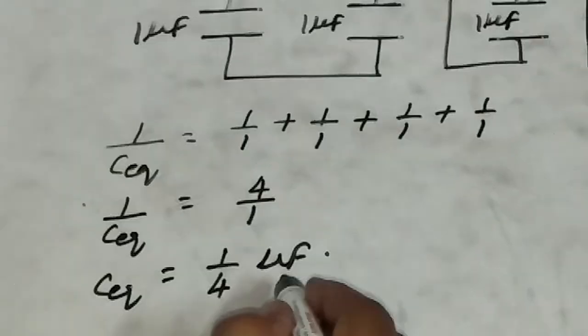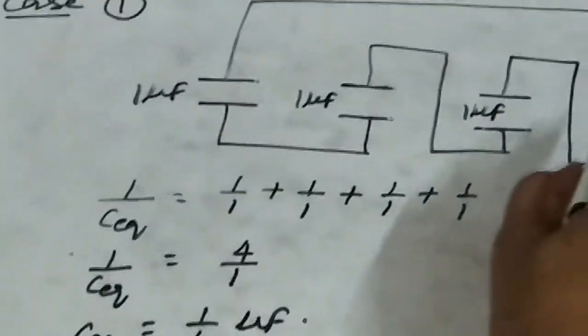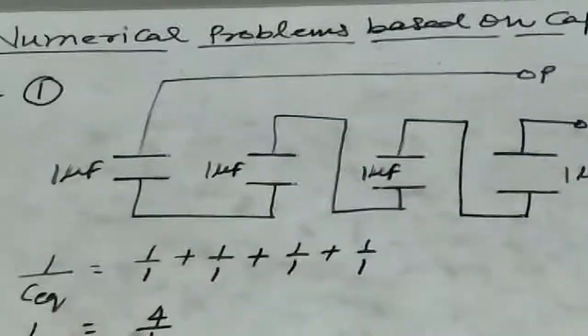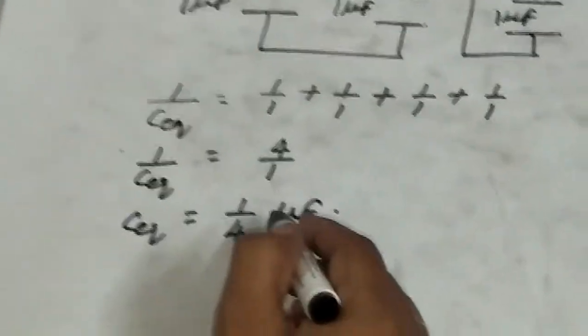Or you can say if all these capacitors are joined in series like this one across P and Q, then their equivalent is given by 1 upon C equivalent equals 1 by 1 plus 1 by 1 plus 1 by 1. Simply 1 upon C equivalent is 4 by 1, so C equivalent is equal to 1 by 4 microfarad.